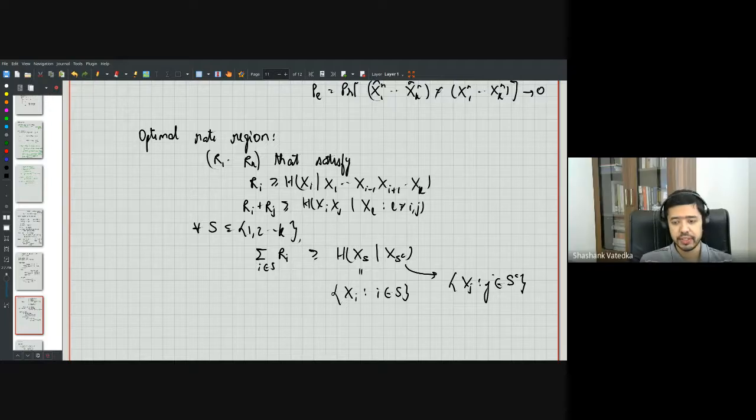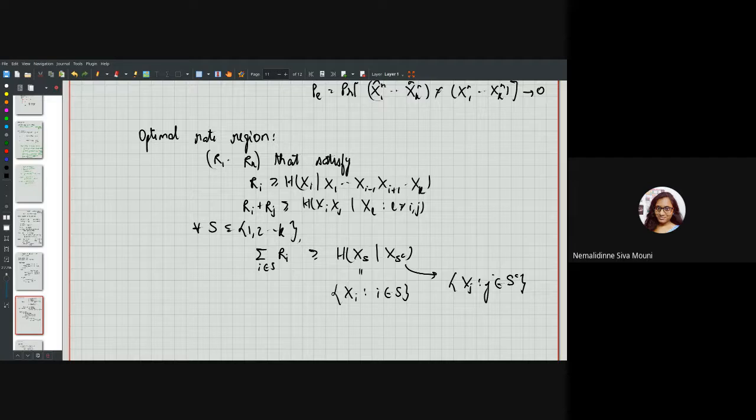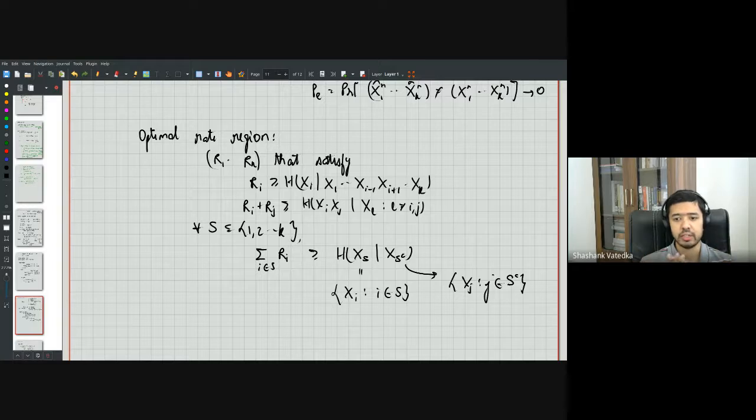So the assumption is k is fixed. It's some constant, no matter how large it is. But k does not depend on n in any form. Okay, so for any large number of users, we'll be able to find a decoder to achieve this? Yes. But generally, the assumption is that n is much larger than k. That is important.